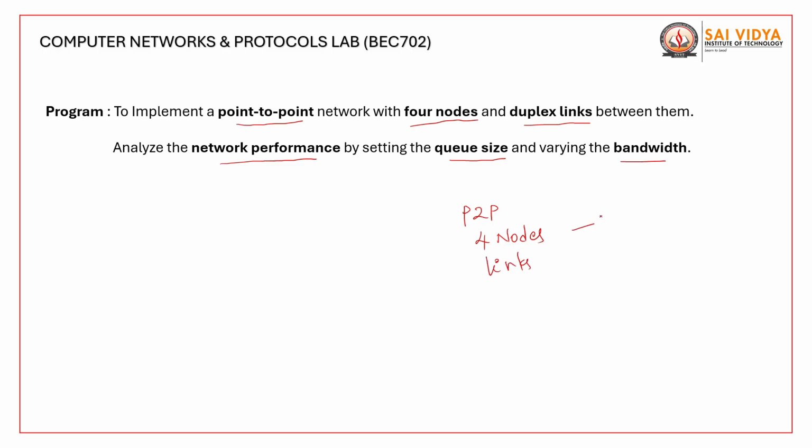If there are n nodes, then I can have n minus 1 links here. So you have to analyze network performance by setting the queue size, and you have to vary the bandwidth. You can increase the bandwidth or decrease the bandwidth. You can assign the queue size higher or lower here.